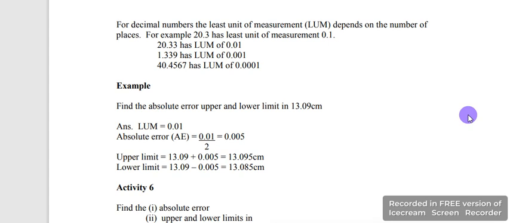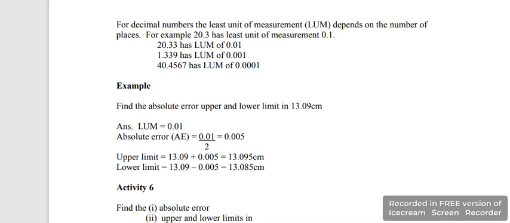For decimal numbers, the least unit of measurement, which is the LUM, depends on the number of places. For example, 20.3 is a decimal number with the least unit of measurement 0.1, not 0.5, it is 0.1.